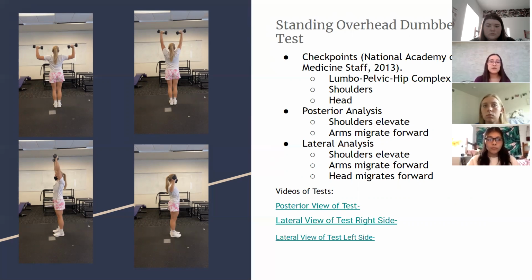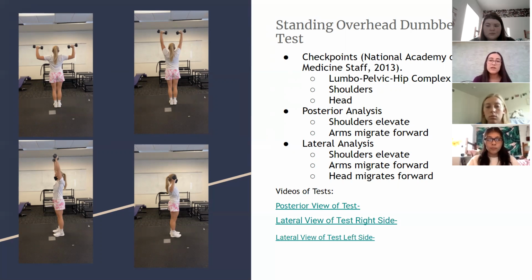Some underactive muscles can be the rotator cuff muscles or the mid and lower trapezius muscles. Another reason for compensation, such as the shoulders elevating, can be due to an overactive trapezius muscle, specifically the upper trapezius, as well as underactive muscles such as the mid and lower trapezius.